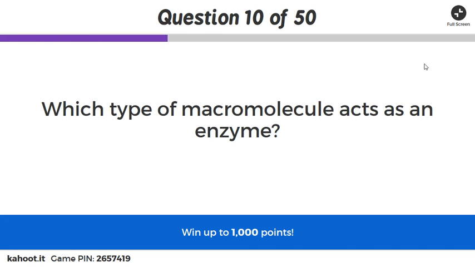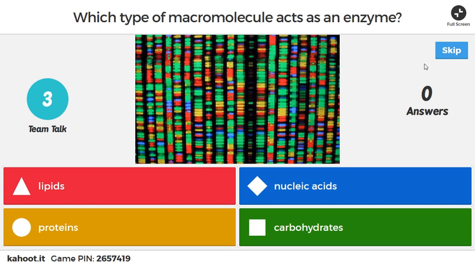All right, which type of macromolecule acts as an enzyme? So all four of these are macromolecules.